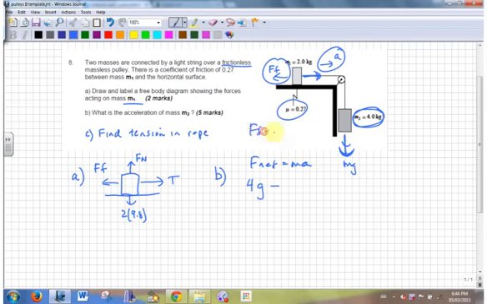Force of friction is mu Fn. I know mu, that's 0.27, and Fn, because this thing isn't moving up or down, this force is balanced with this one. So Fn is 2 times 9.8, the force of gravity on M1.